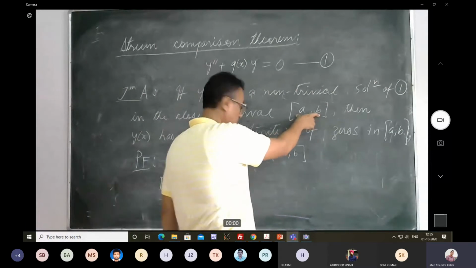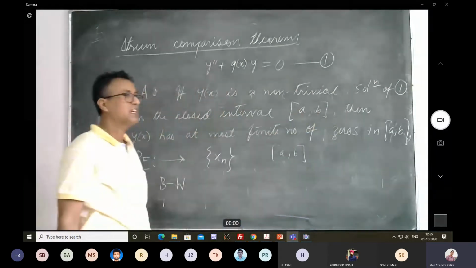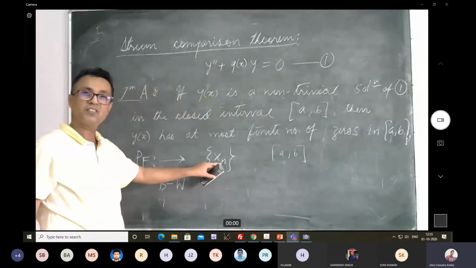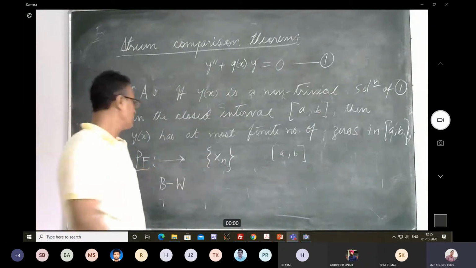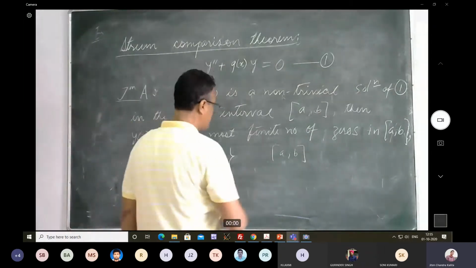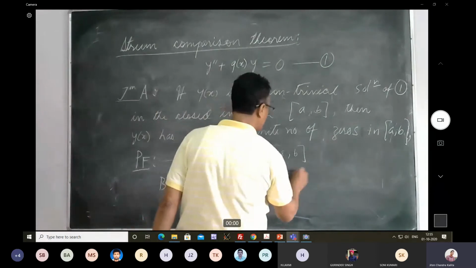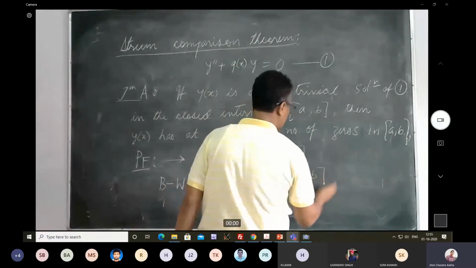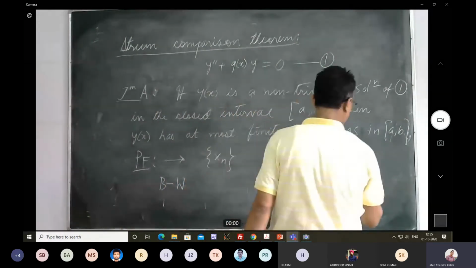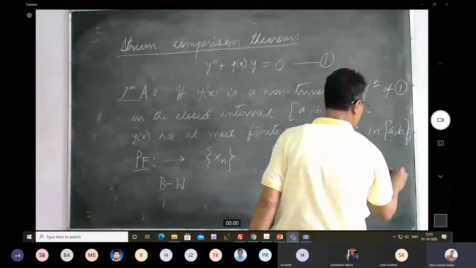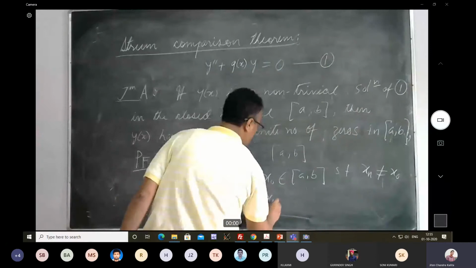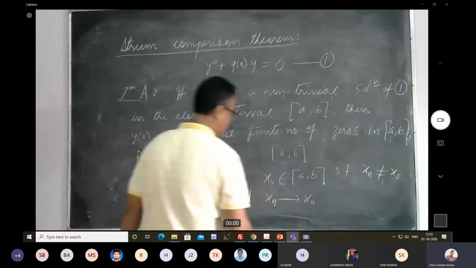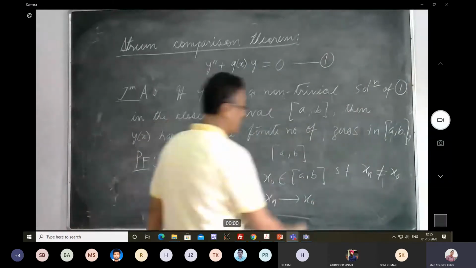So that clearly means that x_n is a bounded sequence. So there must exist a point x naught belonging to [a, b] such that x_n is not equal to x naught and x_n tends to x naught as n tends to infinity.